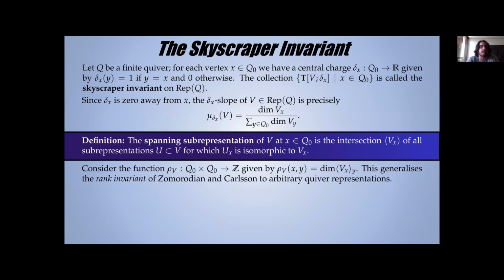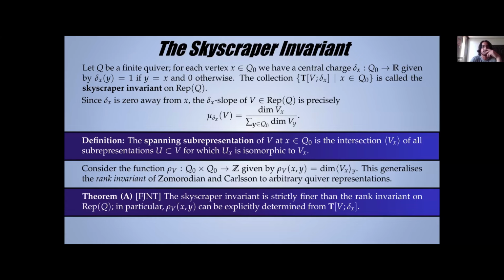Okay, so the rank invariant of Zomorodian and Carlsson, which is the first discrete invariant for multi-parameter persistence modules, is given by assigning to every pair of vertices X and Y the dimension at Y of the spanning representation Vx. If Y is less than X in the partial order, this is 0. If Y is bigger than X, then some part of X reaches Y, and the dimension of whatever reaches Y is the rank invariant. That's what the rank invariant assigns to that interval from X to Y.